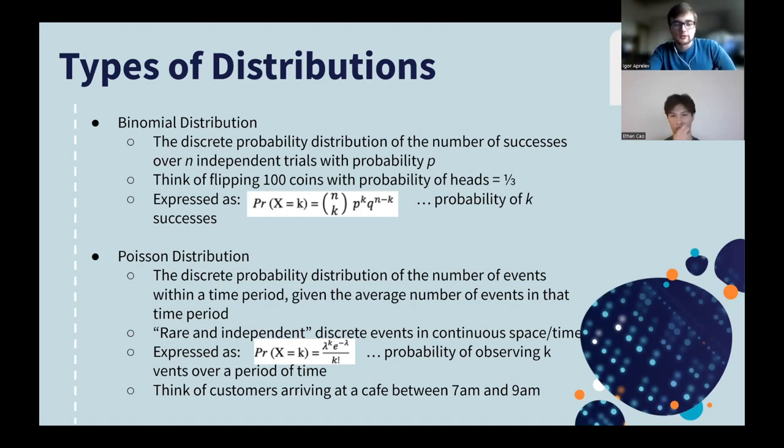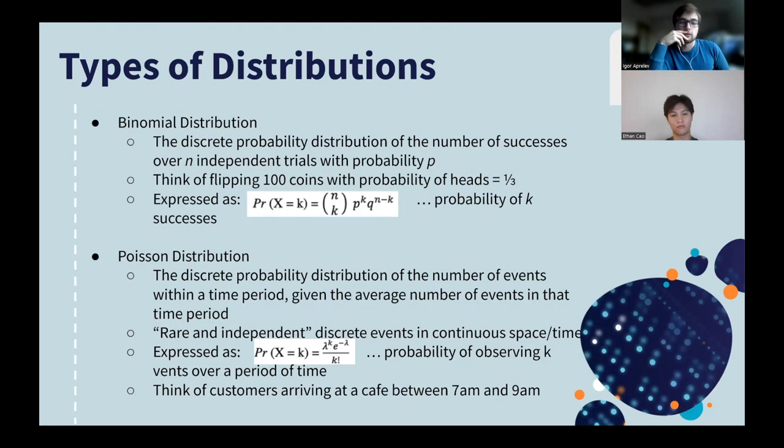The way to think of this is that it's counting the number of successes over n independent trials, with the successes having probability p. Independent just means that each trial has no effect on another trial. So for example, flipping a coin, whether you get heads or tails on the current flip doesn't affect what you're going to get on the next flip.